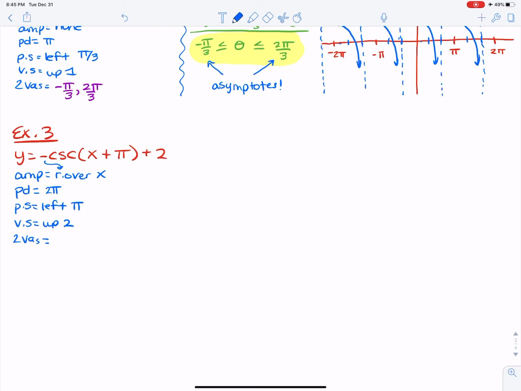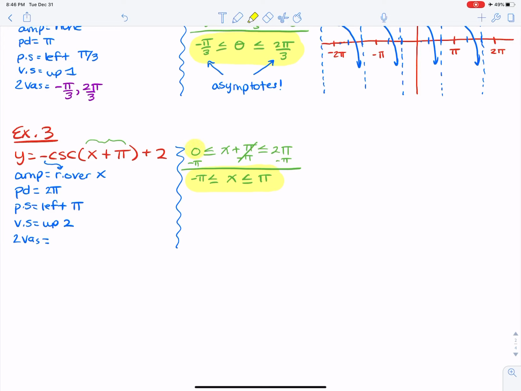And now let's figure out those vertical asymptotes from the graph, because we got to figure out the graph first. So 0 is less than or equal to x plus pi, less than or equal to 2 pi this time. So minus pi to everything. Boom, gone. So that's negative pi less than or equal to x less than or equal to pi. Yes, that was easy.